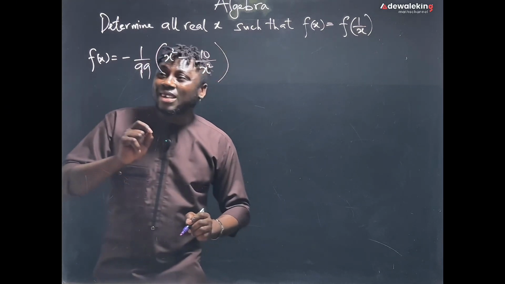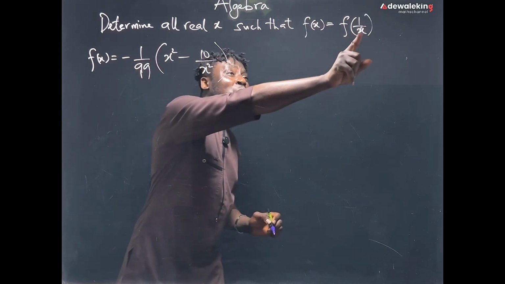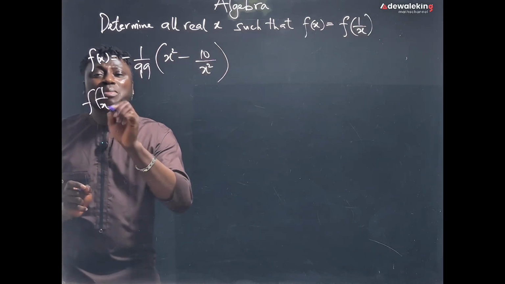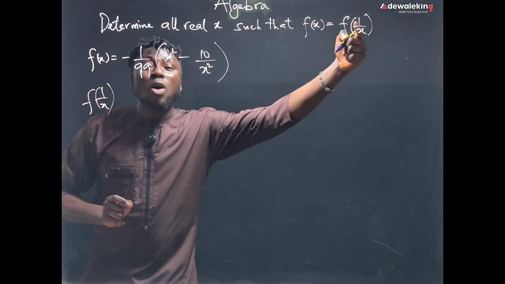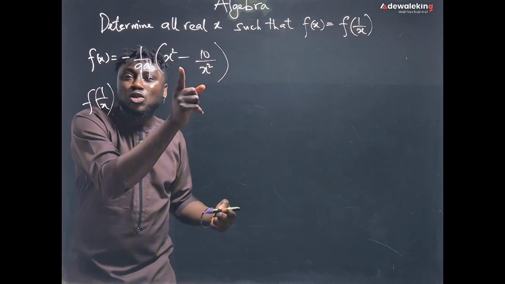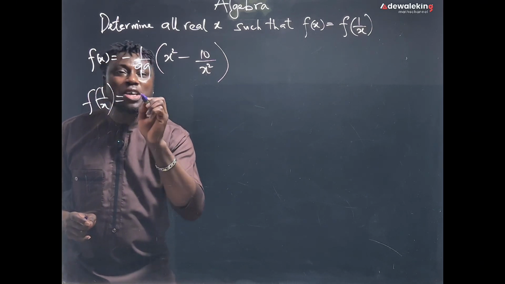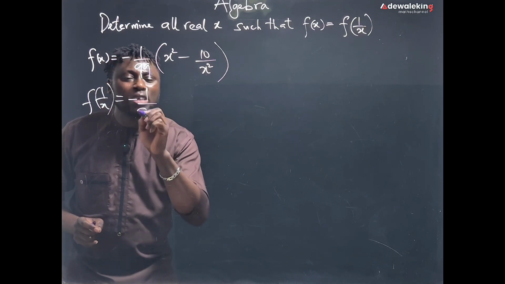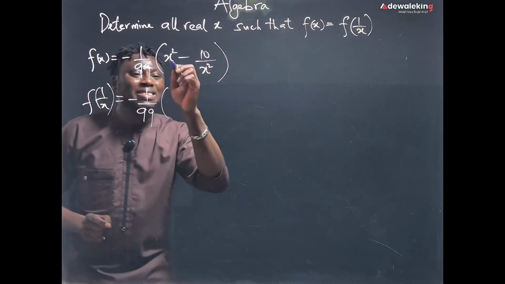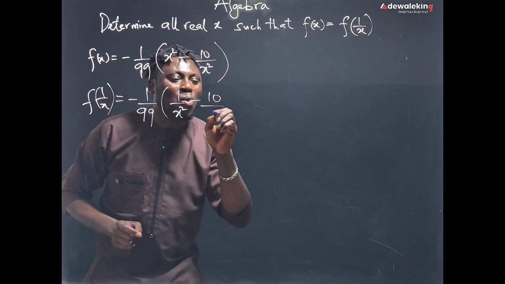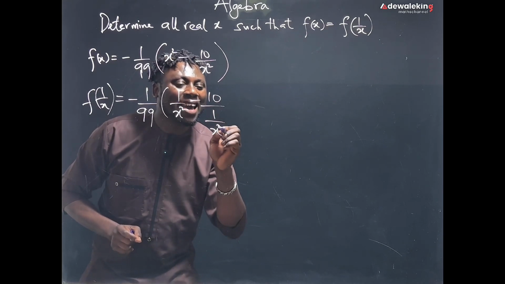From this, we can find f of 1 over x, which means we are going to input 1 over x in this function. So f of 1 over x will be equal to minus 1 over 99 bracket 1 over x squared minus 10 over 1 over x squared.